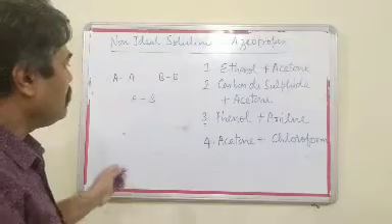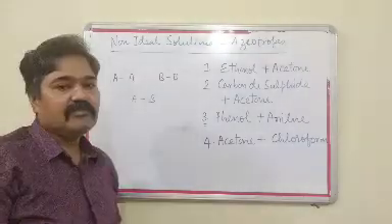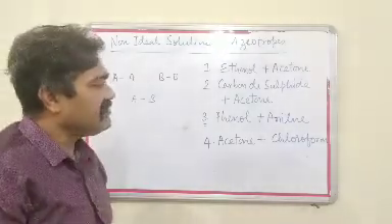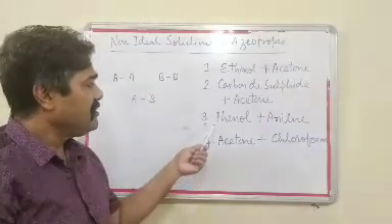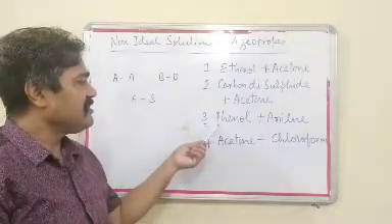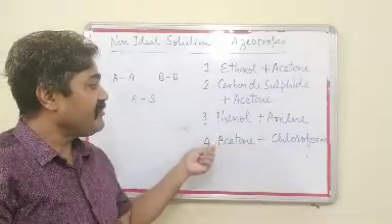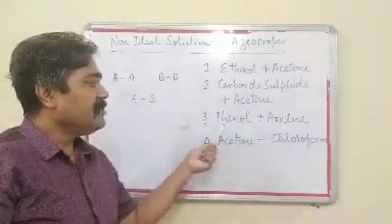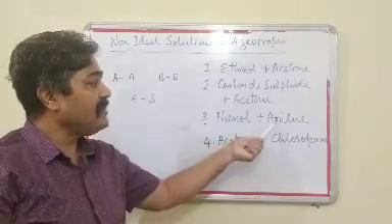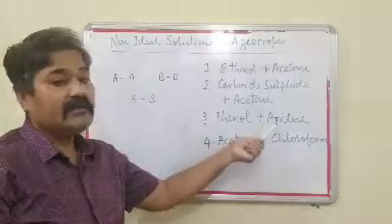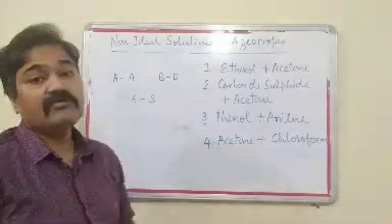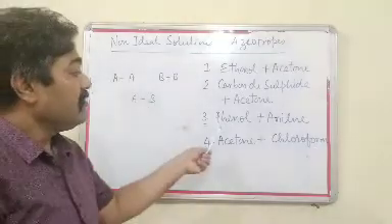Okay. Now we take some examples of the negative deviation non-ideal solution, in which we take the mixture of phenol and aniline. What happens between phenol and aniline? The phenolic proton combines with the lone pair of electrons of the nitrogen of the aniline.